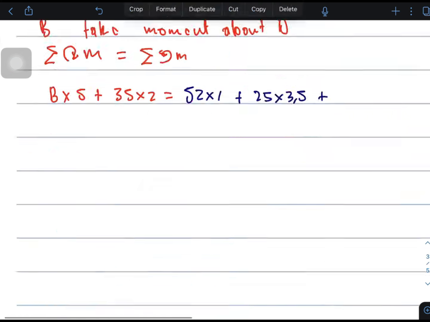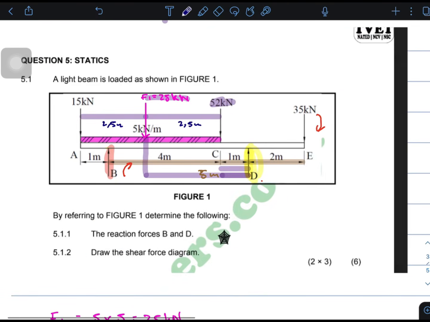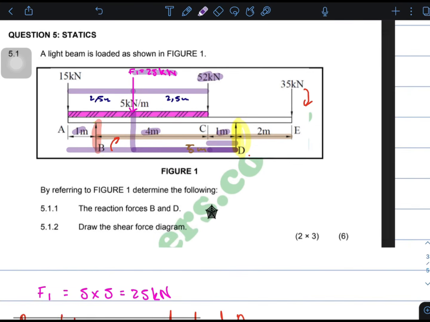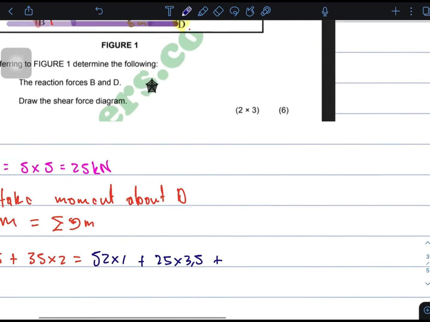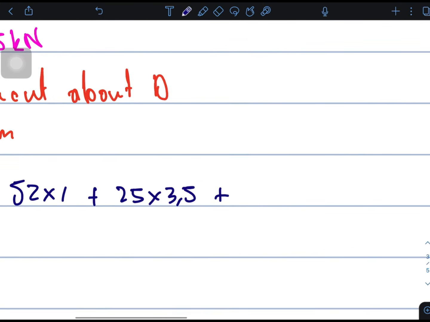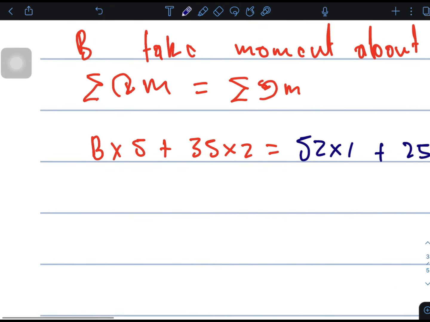then we're looking at the 15 kilonewton. From the turning point to the 15, that is 1 plus 4 plus 1, that is 6 meters. You see, I'm applying basics. So 15 times 6. So what is the value of B?